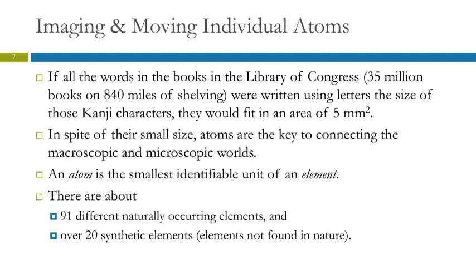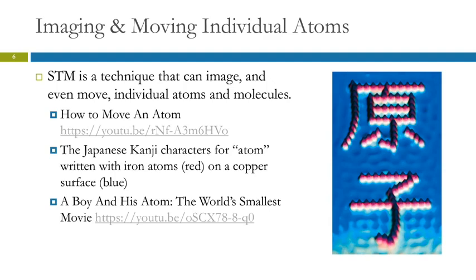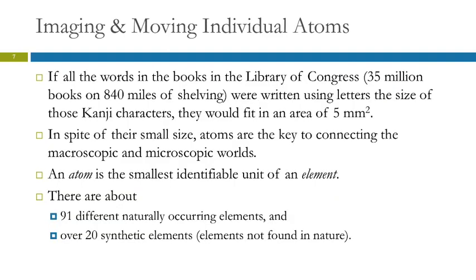If you took all of the words in all of those books and wrote them using atoms so that they were the size of these characters, they'd fit in an area of 5 square millimeters. That's 1 millimeter by 5 millimeters. All the words in 35 million books. Atoms are really small.